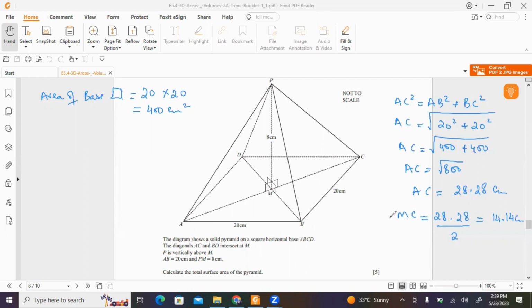Now, 14.14 is not just MP, it's AM, it's DM, and it's MB as well. All of these are equal to 14.14.